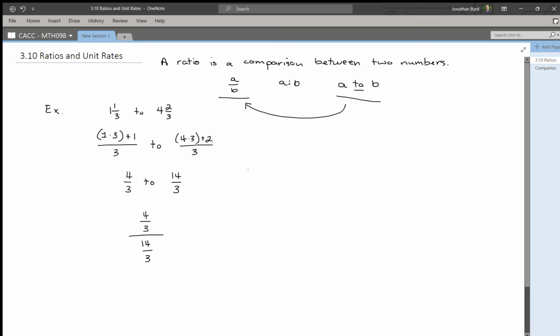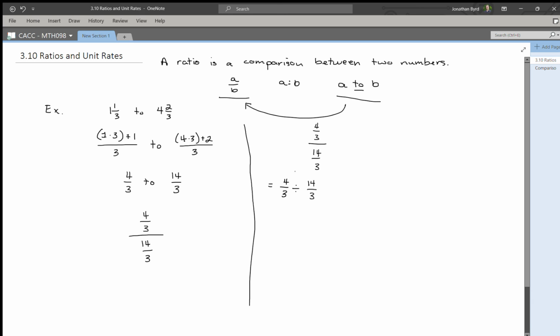So I'm going to separate this out and write it over here to give us a little bit more room. 4/3 over 14/3 is a complex fraction, and we know that the method for evaluating a complex fraction is to switch this to a division problem. So 4/3 divided by 14/3.